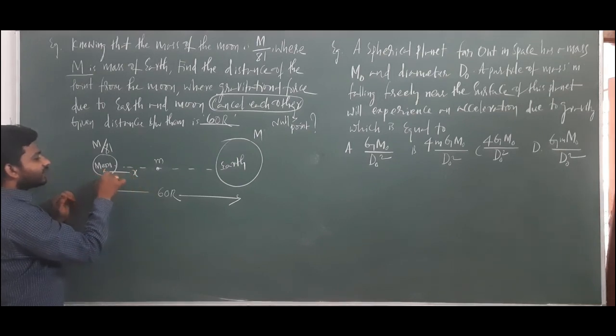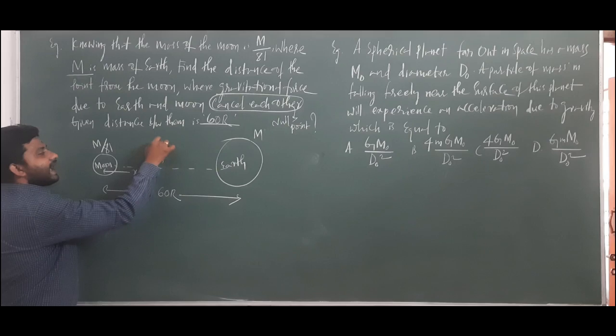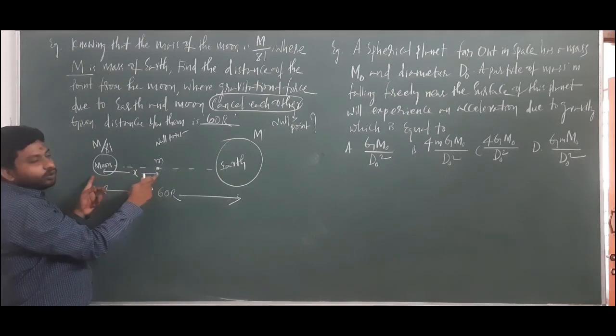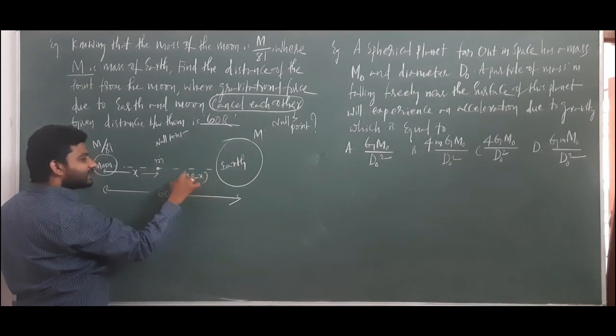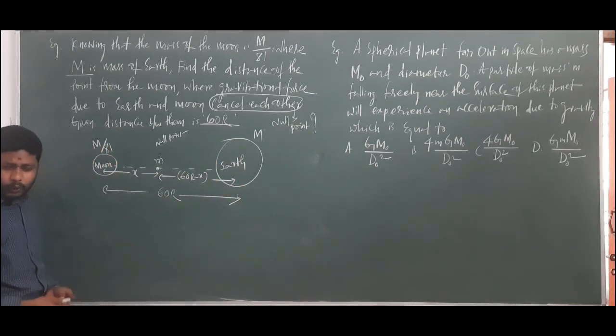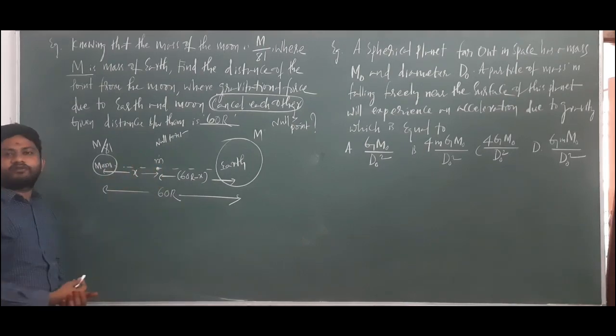So this is what we are imagining as a null point at a distance x from the moon. It is at a distance x from the moon, means at a distance of 60r minus x from what? From the earth. Okay. So this is the point where the net gravitational force is 0.